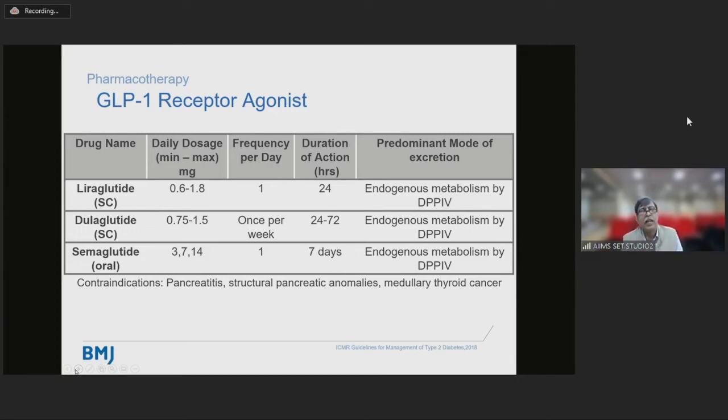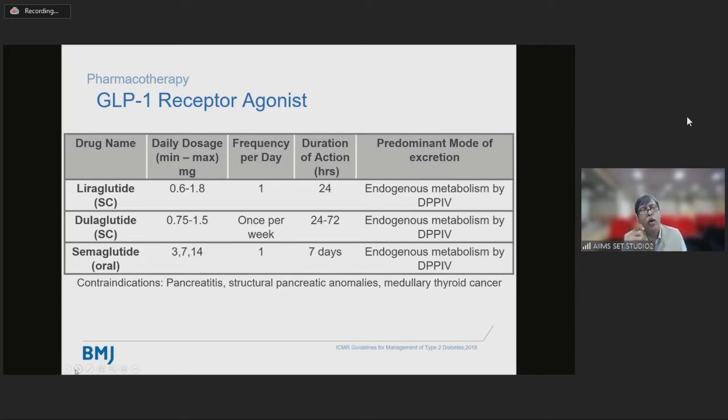These are GLP-1 receptor agonists. They are contraindicated with pancreatitis or structural anomalies because of concern of pancreatitis and pancreatic malignancies, and medullary thyroid cancer, for reasons which are not very clear, because they can actually cause thyroid C-cell hyperplasia.